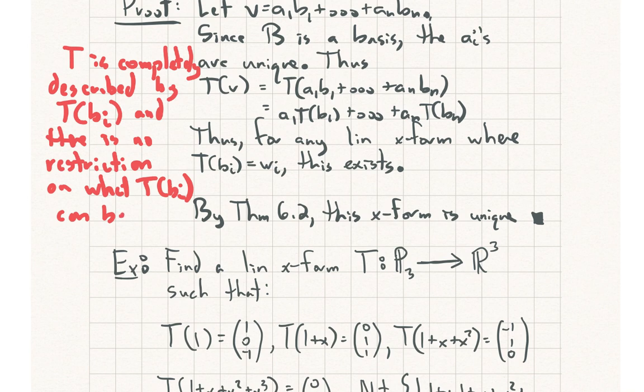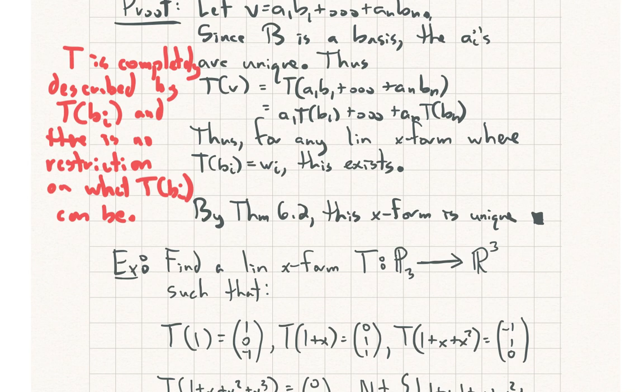Any basis vector can get sent to any vector in W that you like. And any choice of the images of basis vectors gives you a new linear transformation.